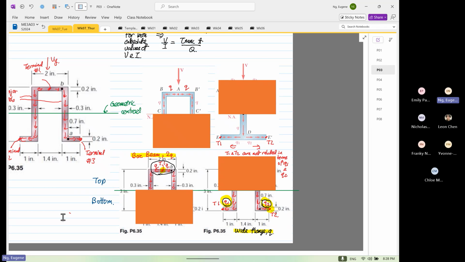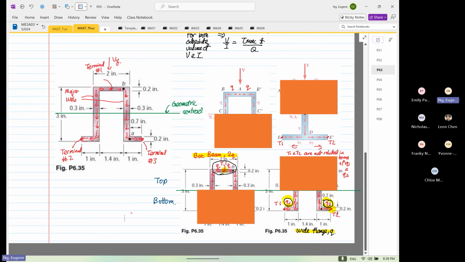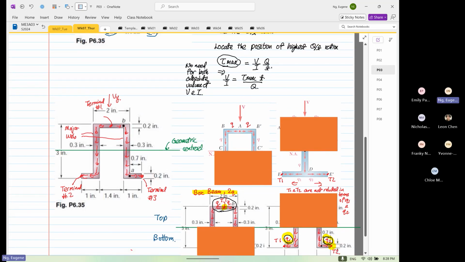Before I go on to the last problem, with this structure the concept will not work. If I ask you a question about VZ, it will not work. Why? Because the deformation has a twisting, which will not be covered in this course. When it's vertical, it will work because if you look at the cross section, what's on the left and what's on the right is exactly the same, so the stiffness is exactly the same.